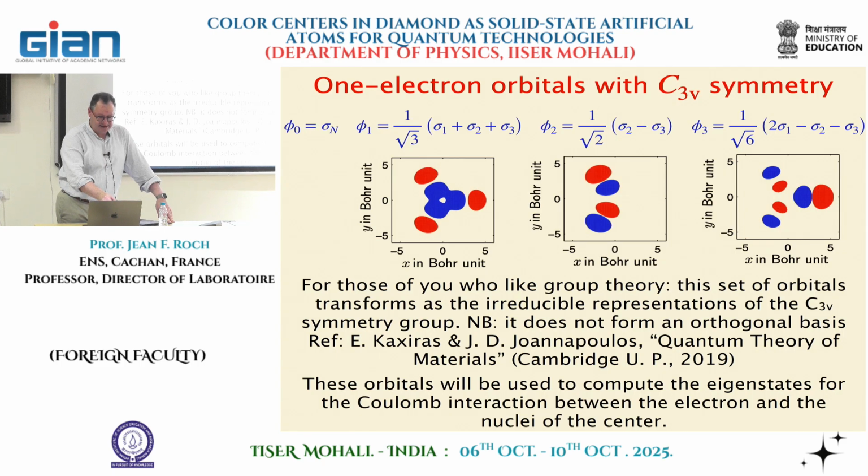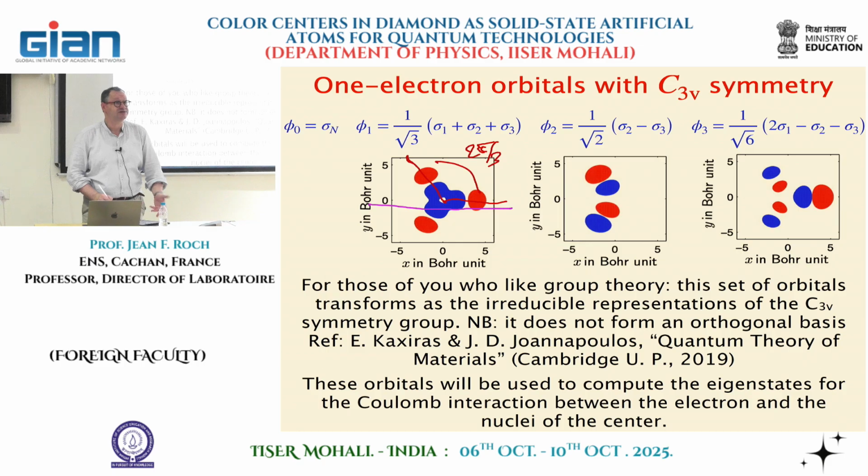And what I see is that you see the 2 pi over 3 symmetry when I do that. And you see also the mirror symmetry when I am here. So it's a mirror symmetry that we have here. But this is symmetrical.